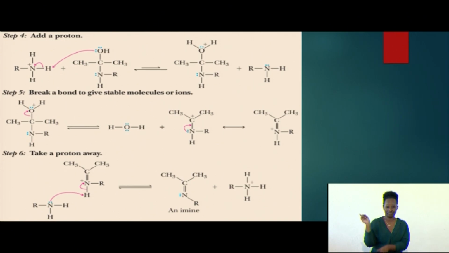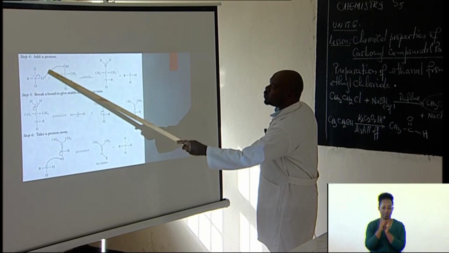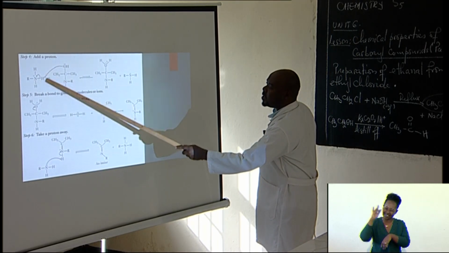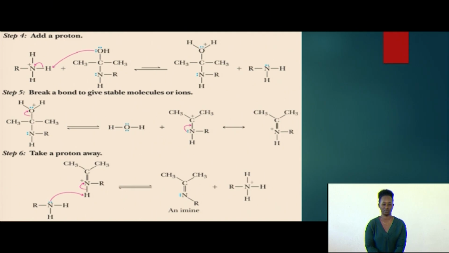Because of having the oxygen with the two lone pairs, it also attacks another ion, this one, removing the hydrogen, and the lone pair goes to nitrogen. And then we produce this species, but you can see the oxygen now is positive, which is very unstable.